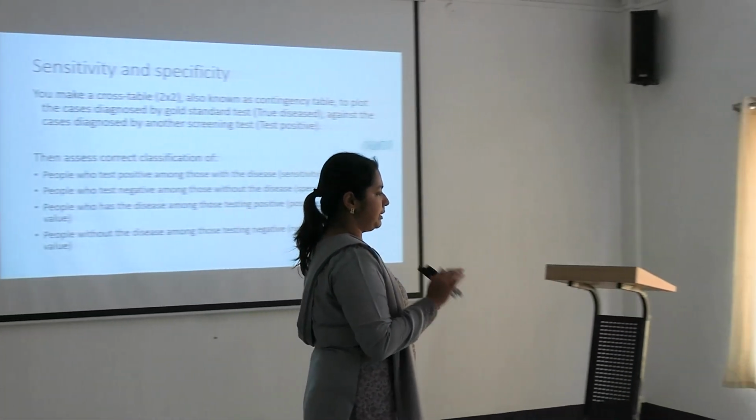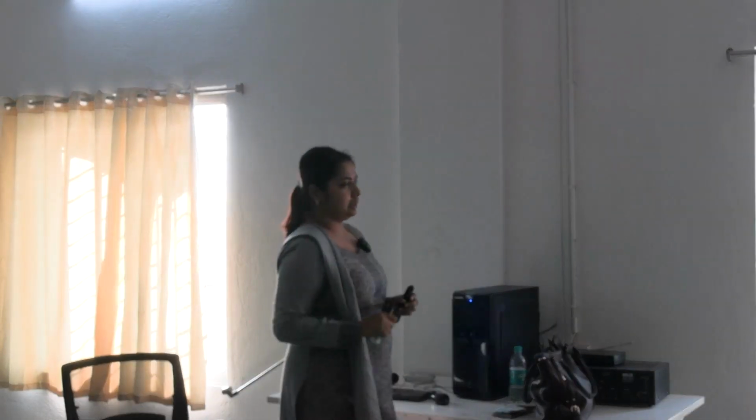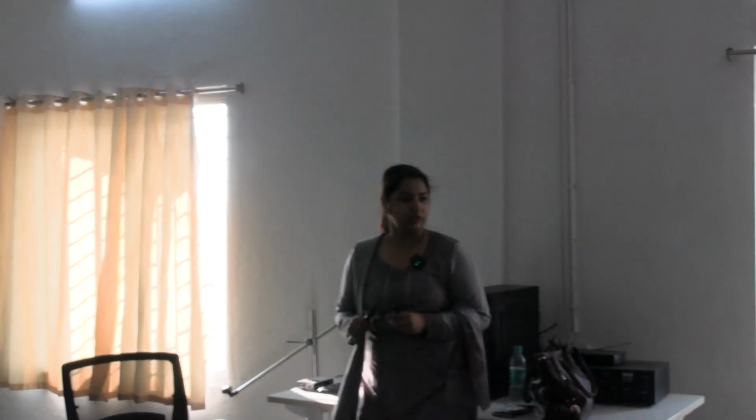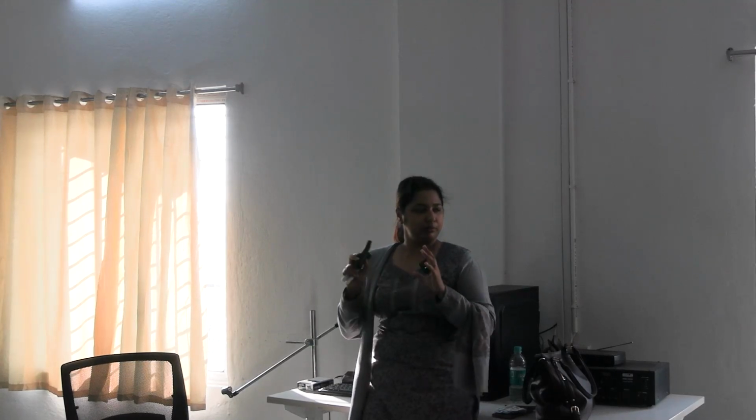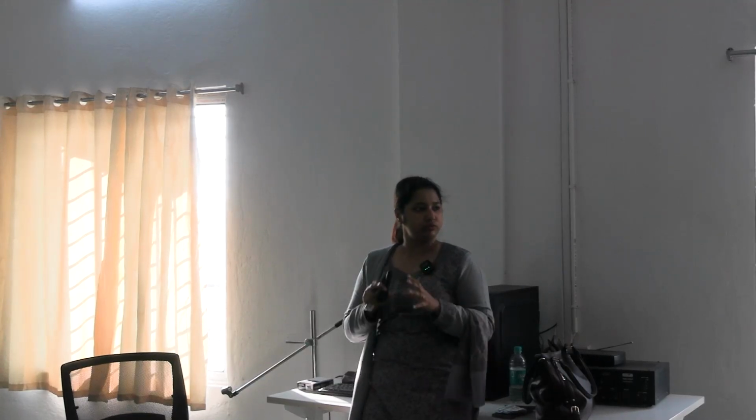Now, this PPV and the NPV, these are not the inherent properties of the test. Why am I telling you this? Consider a population where the diabetes prevalence, for example a very working class population, you will find to be low. And in a population which does not have that much working class, maybe doing service jobs, they are having more diabetes.